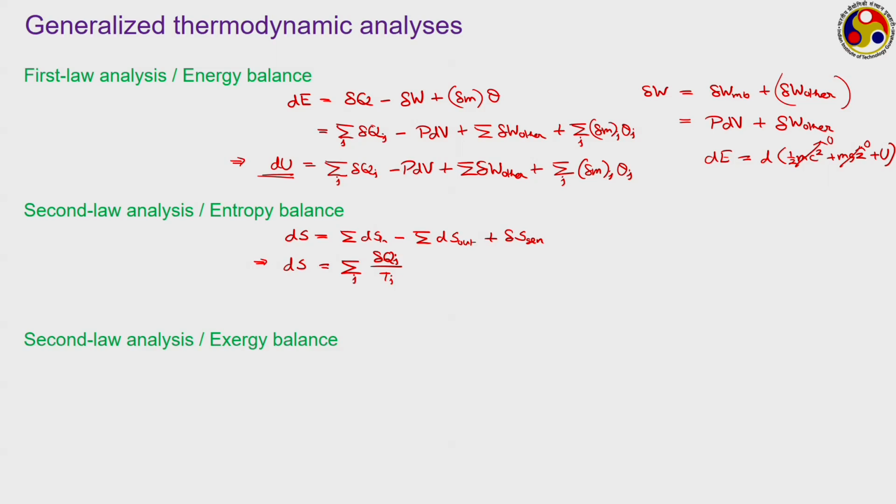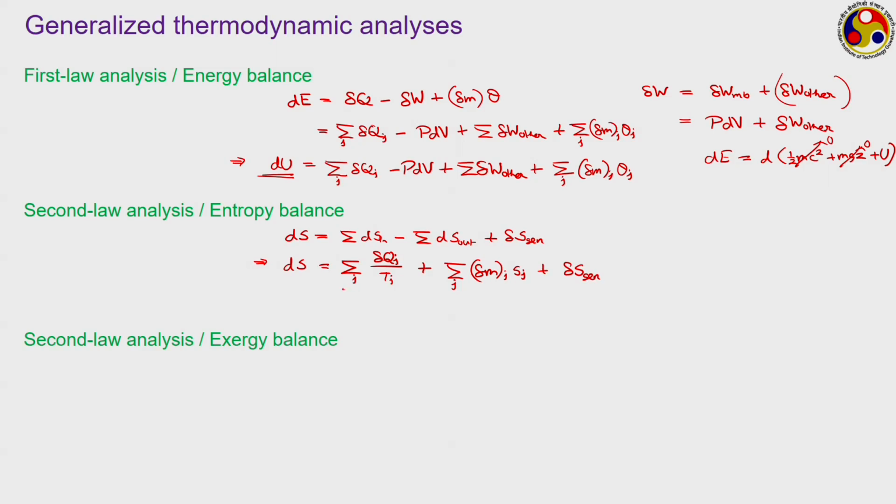There is no entropy transfer with work transfer, whether it is moving boundary work or any other kind of work, but there will be entropy transfer with mass. So, delta m j small s j, where small s is the specific entropy of the corresponding mass, plus the entropy generation part.